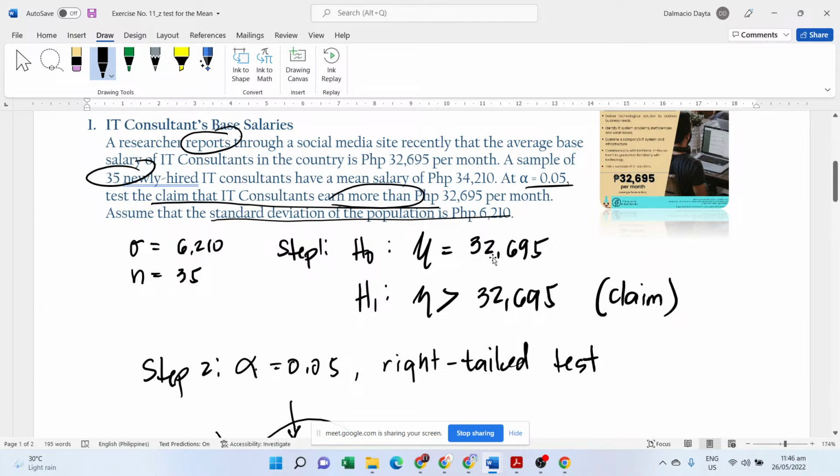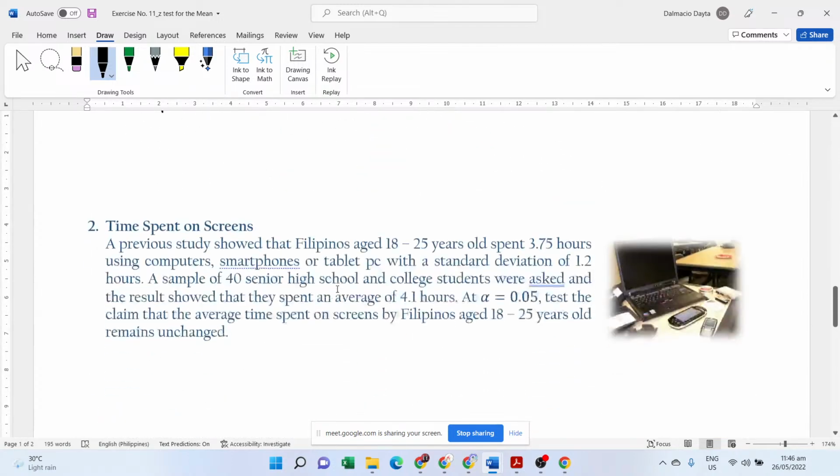Mu is 32,625. You also conclude based on the claim. Alright? So, ibig sabihin, if we do not reject the null hypothesis, then we're not rejecting this. Ibig sabihin, we're not accepting the alternative. How do we say that?